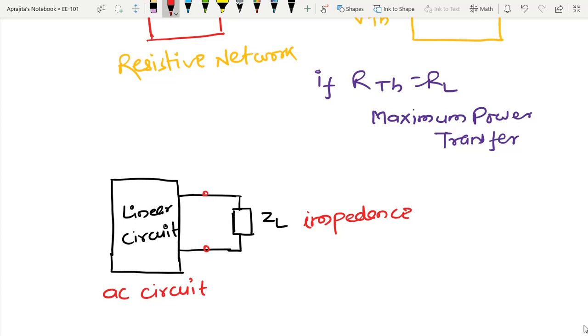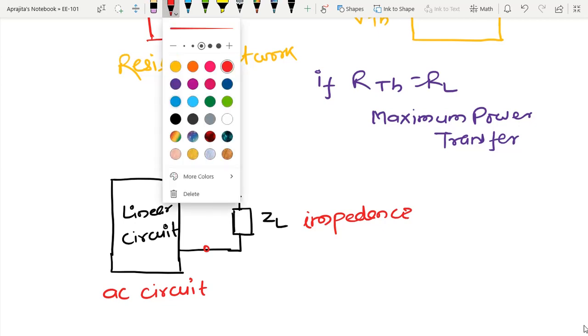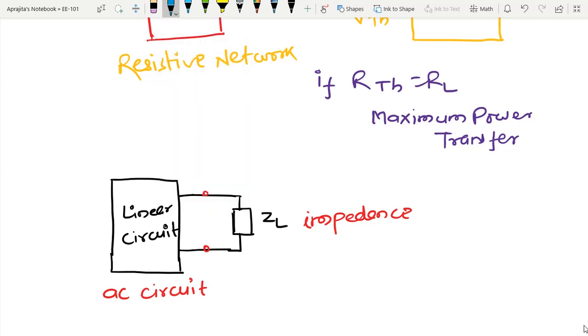So again I am going to proceed in a similar way to the resistive network. In a practical system, this impedance may model an electric motor. If you model the electric motor, then some impedance comes into the picture.